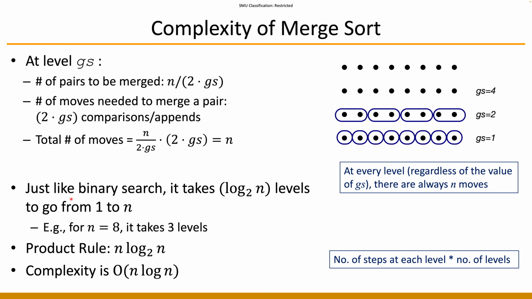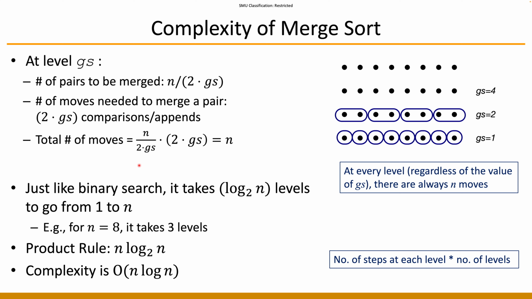If you keep doubling the size of GS by a factor of 2 every time, it takes you log base 2 of n levels to go from a group size of 1 to a group size of n, which means that if your n equals 8, it only takes you 3 levels to reach the fully sorted size of n.